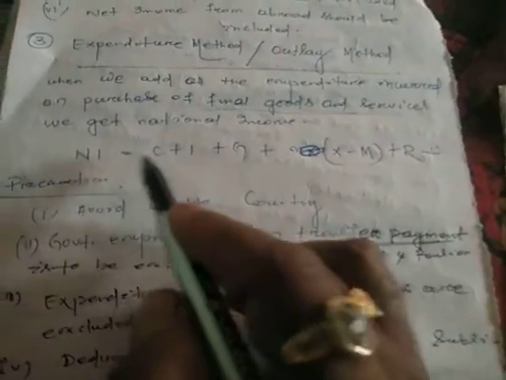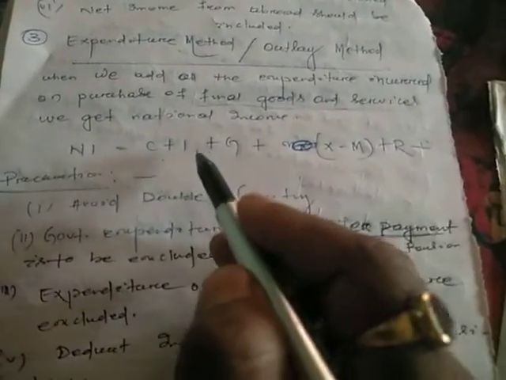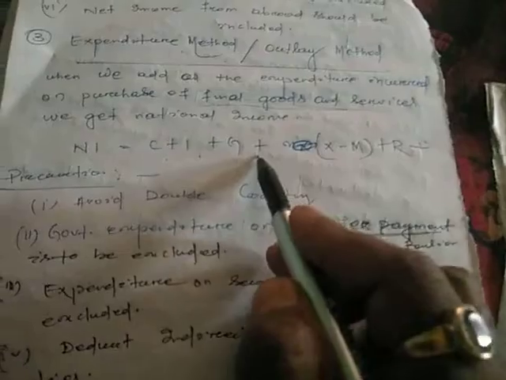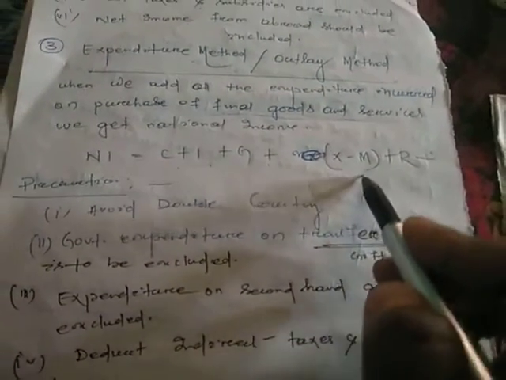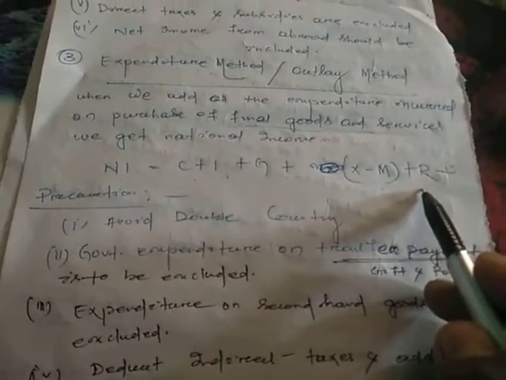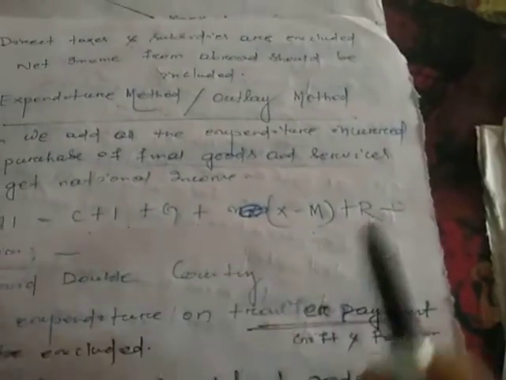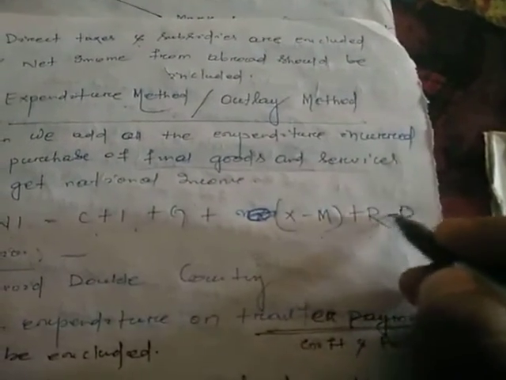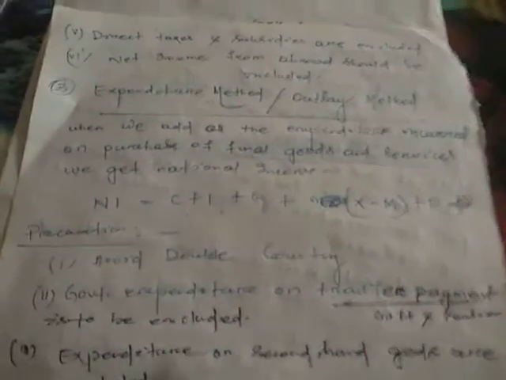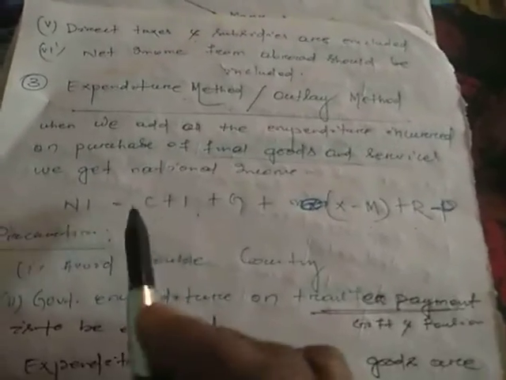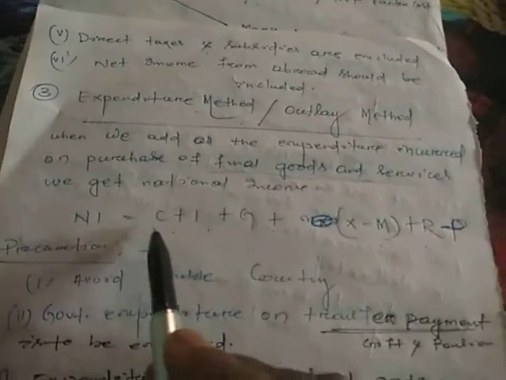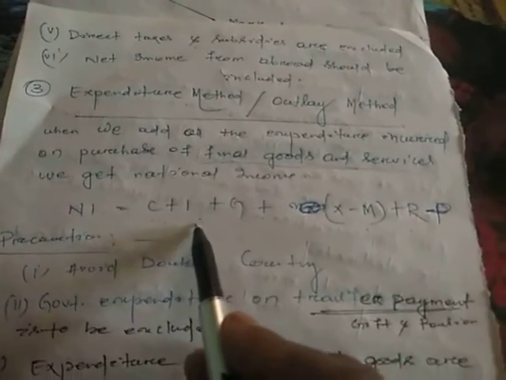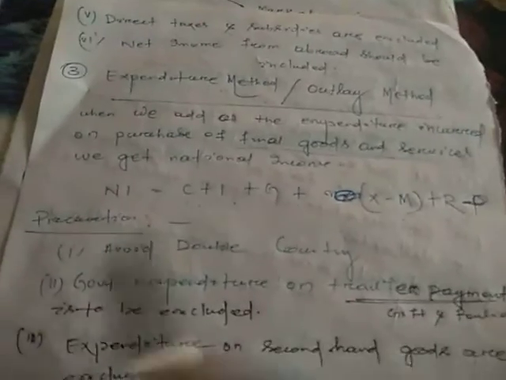National income, NI, equals C plus I plus G plus X minus M plus R minus P. Those things we know from the past. C in the sense of consumption, I in the sense of investment; we already know all these things.